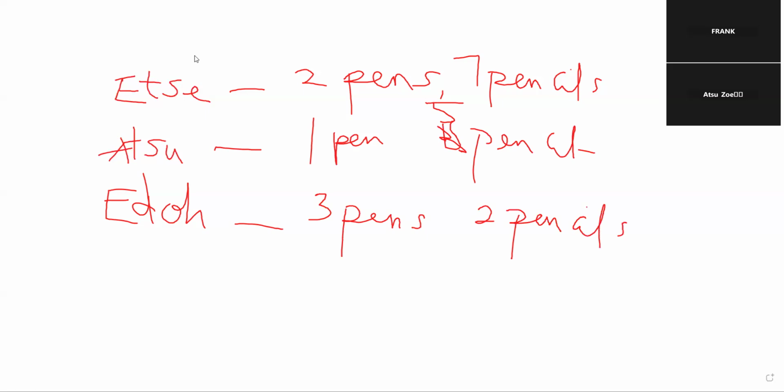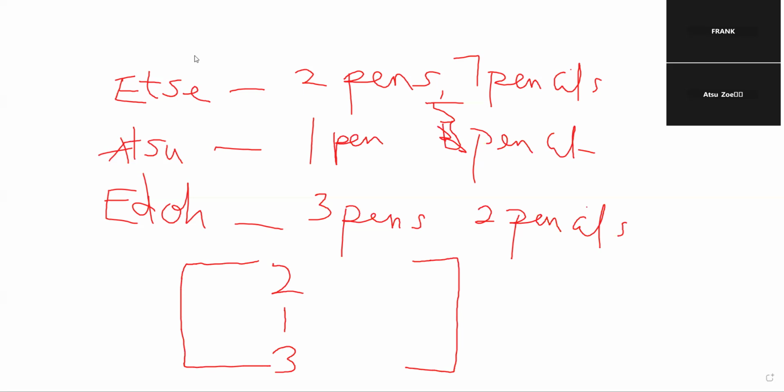So when you have this and you want to write it in a matrix form, we can have the arrangement of the pens and the arrangement of the pencils. So if it's in order, Echi two pens, Achu one pen, Edu three pens.